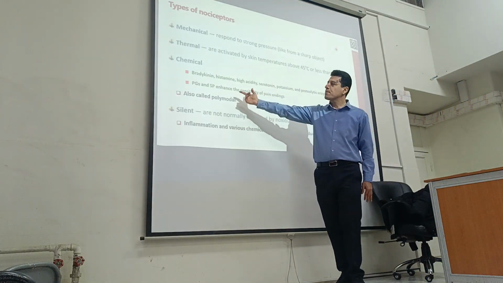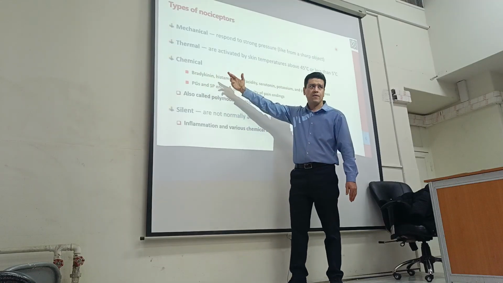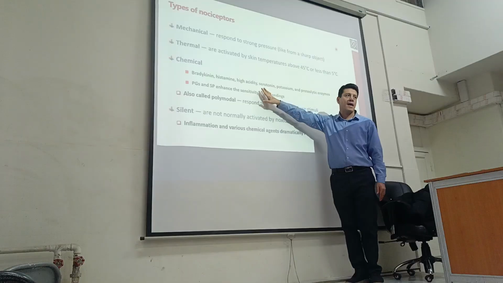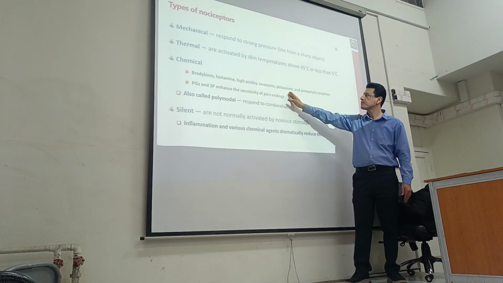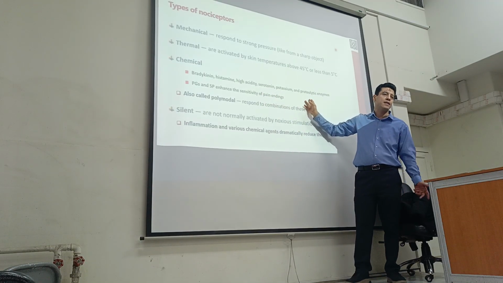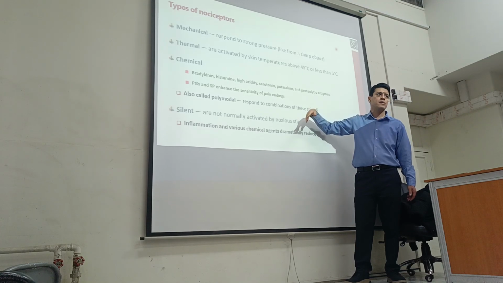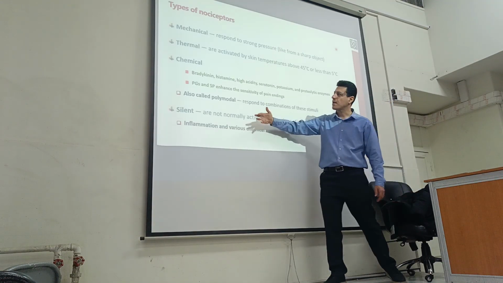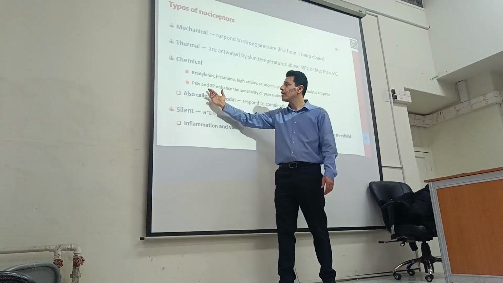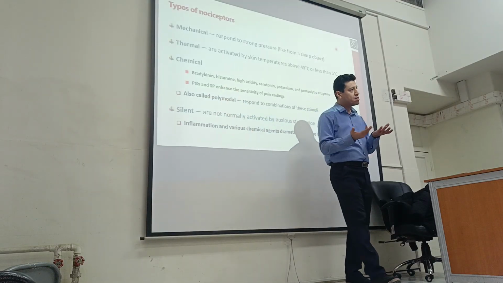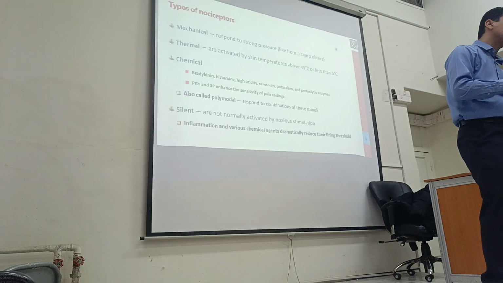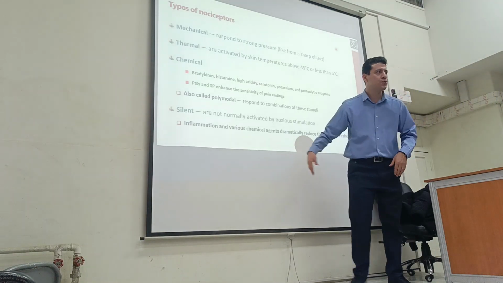So, some substances that activate these nociceptors include bradykinin, histamine, acids, serotonin, potassium, and proteolytic enzymes. Some other substances actually don't activate these nociceptors directly, but increase their sensitivities. For example, we have prostaglandins and substance P. They increase the sensitivity of chemical nociceptors to other chemical stimulations, right? You should remember these.